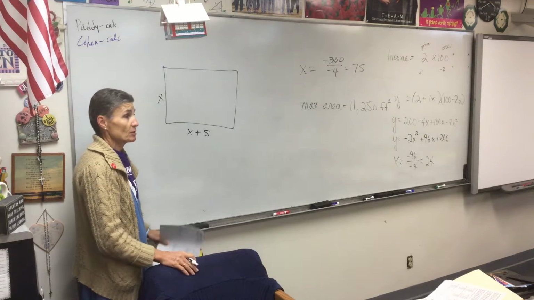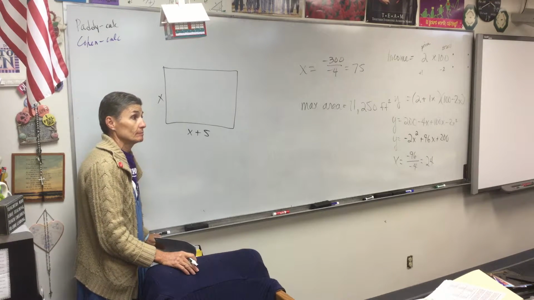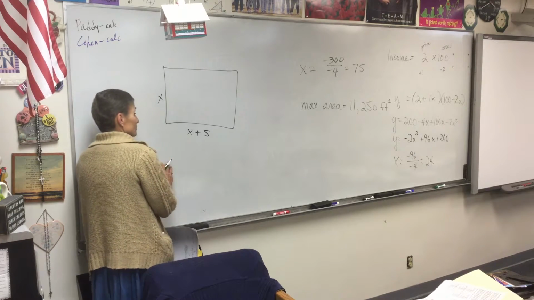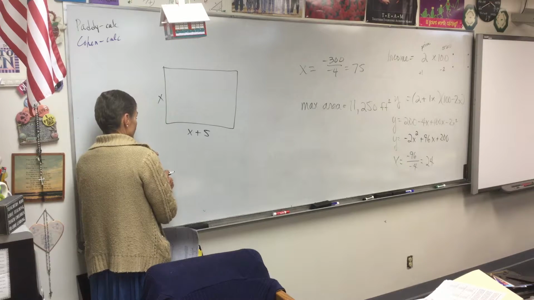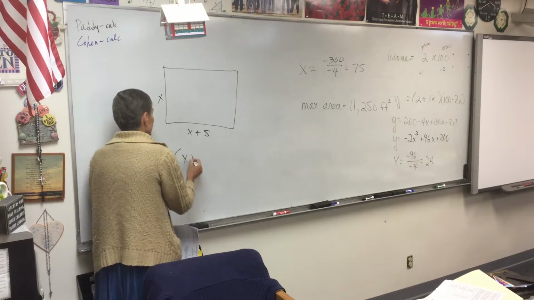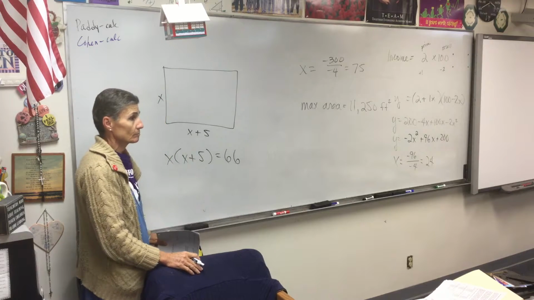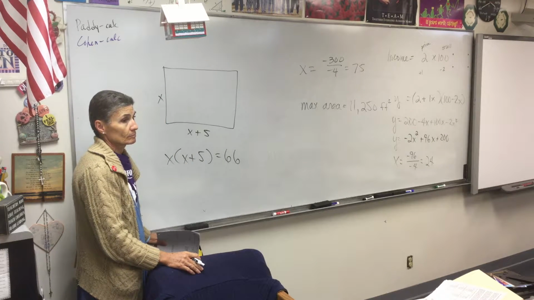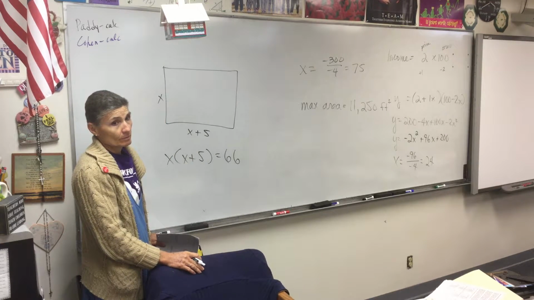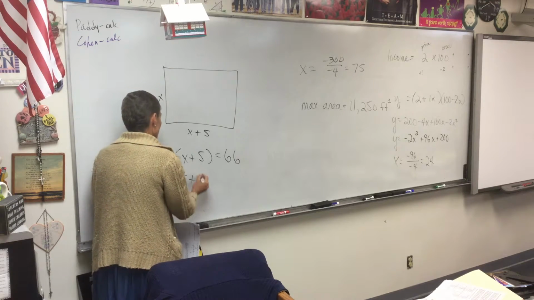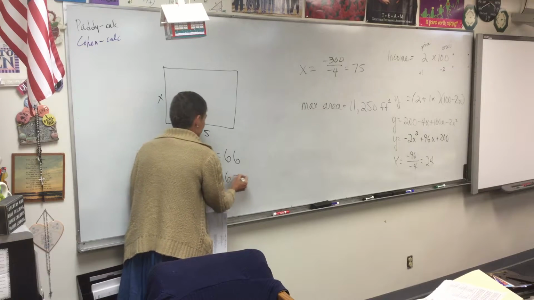The area of the picture is 66. How do I do area? Length times width is 66. Right? So x squared plus 5x minus 66 is 0.